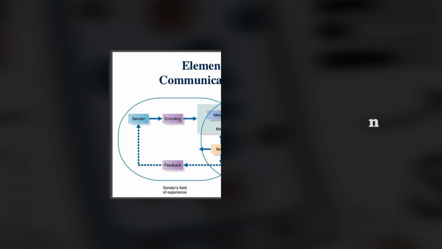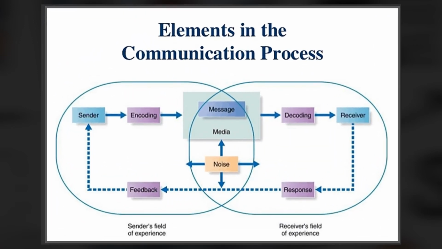Now we will talk about the process and the elements of communication. So there we can see a diagram of the process and elements of communication. Now this is the process: the sender encodes a message through a media, then someone is decoding. Who is decoding? The receiver is decoding and answering in response and giving feedback to the sender.